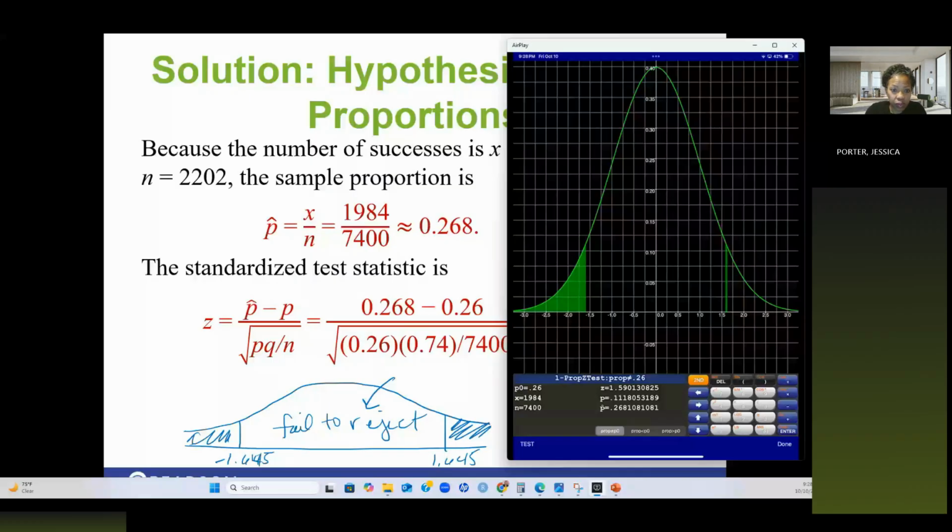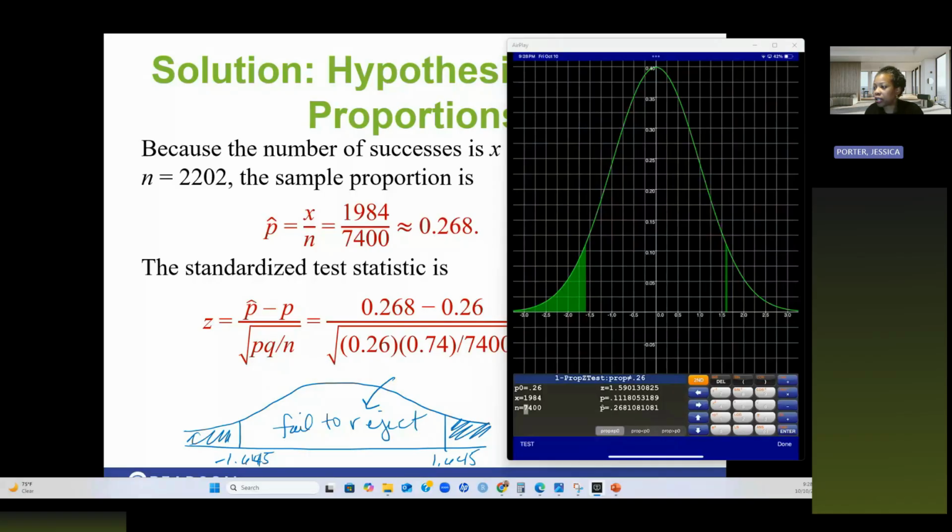Z was 1.59, P is 0.111. That P of 0.111 tells us we're failing to reject because alpha was 0.10, and 0.11 is greater than 0.10. So we failed to reject, which is the solution we came up with before.